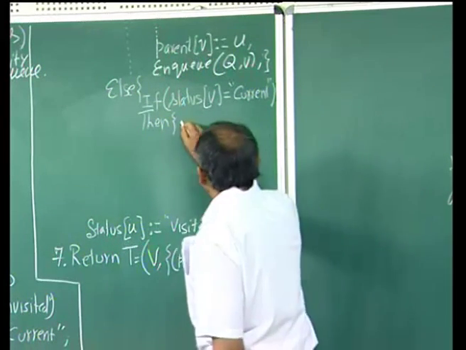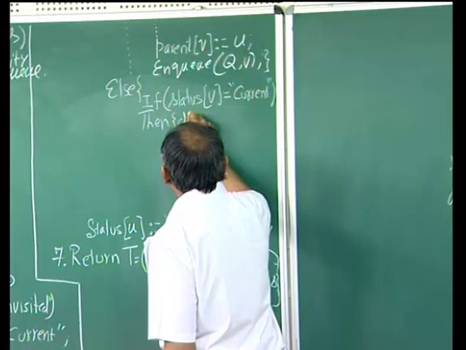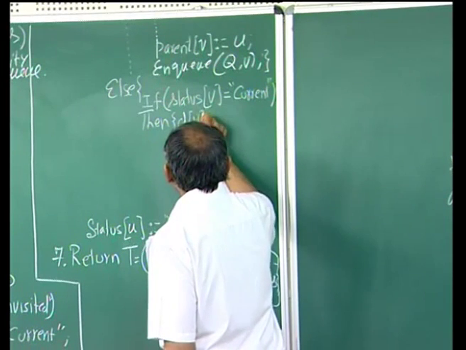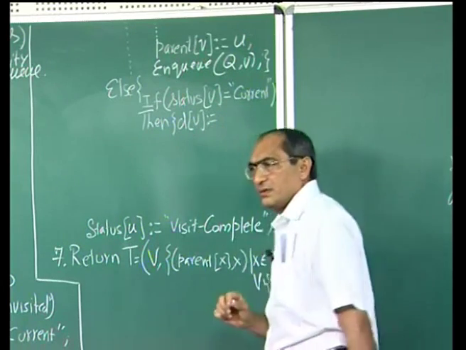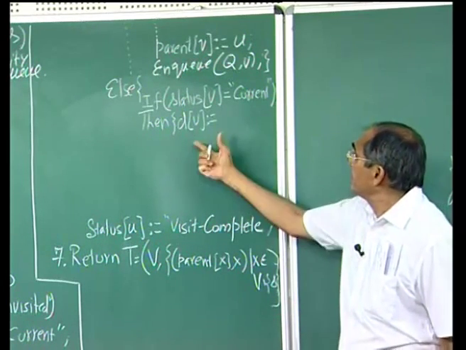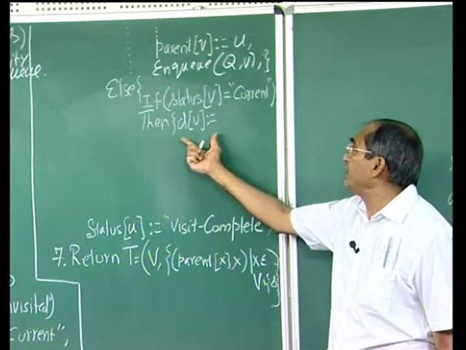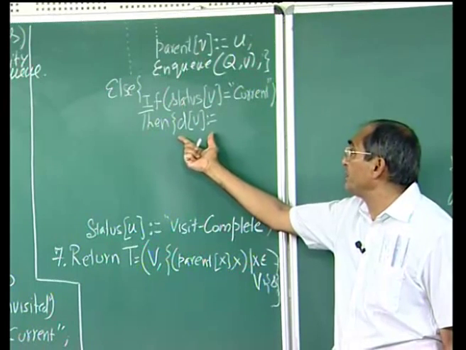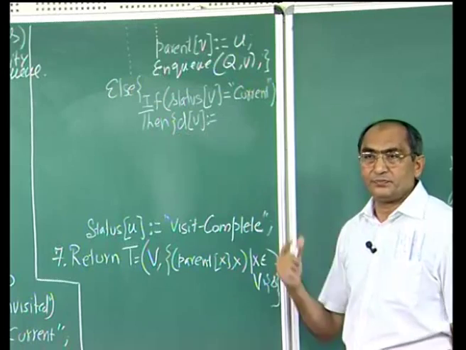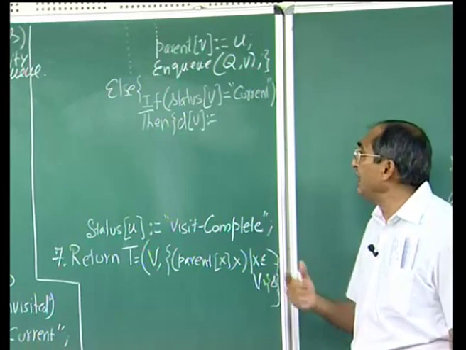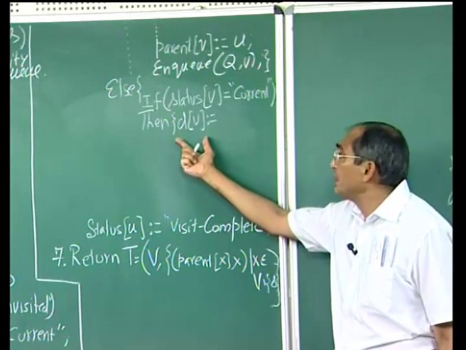So, we will set d of v as, what is the value that we set? We will set the d value to be the smaller of the current value and the value that we would have gotten through u.